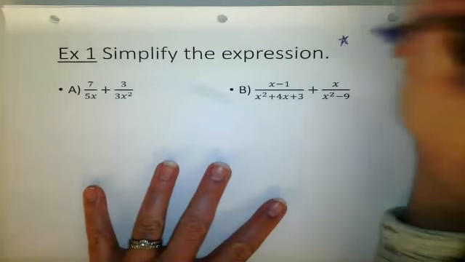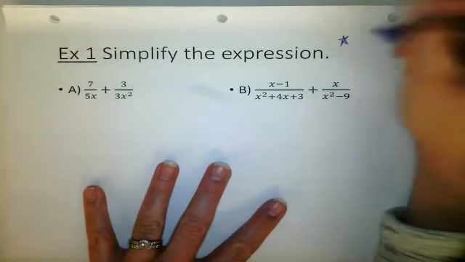We want to look at those denominators in factored form. And then we need a common denominator whenever we're adding or subtracting fractions. Common denominator. Okay, so this 7 over 5x plus 3 over 3x squared, it's not like I can double bubble these. Instead, 5x, 5 times x, those are the factors, the things that multiply together to give me that denominator.